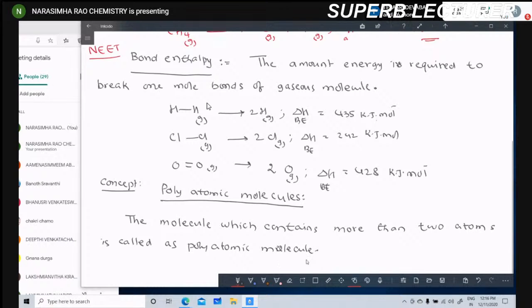Clear? For example, CH4 is a polyatomic molecule, ammonia is polyatomic, and many other examples are CO2, etc. Clear, children?